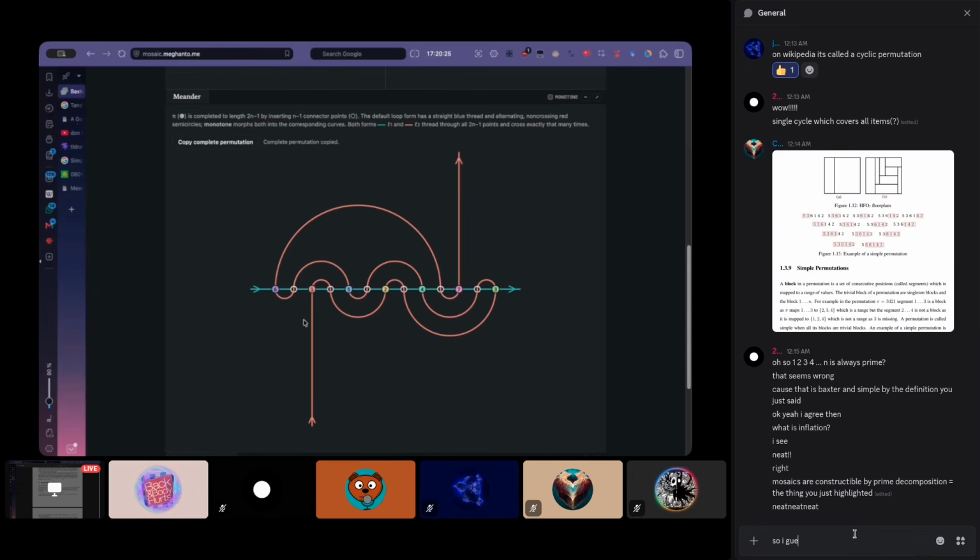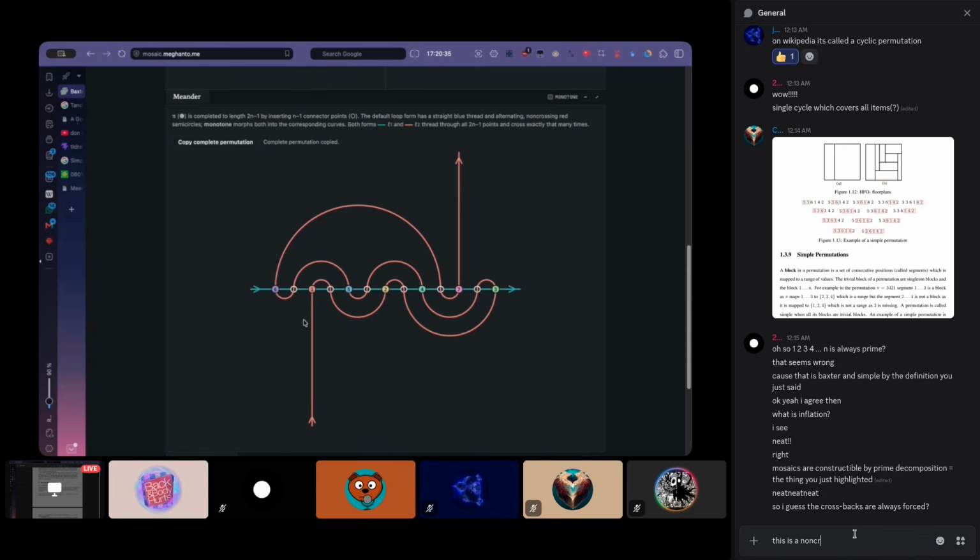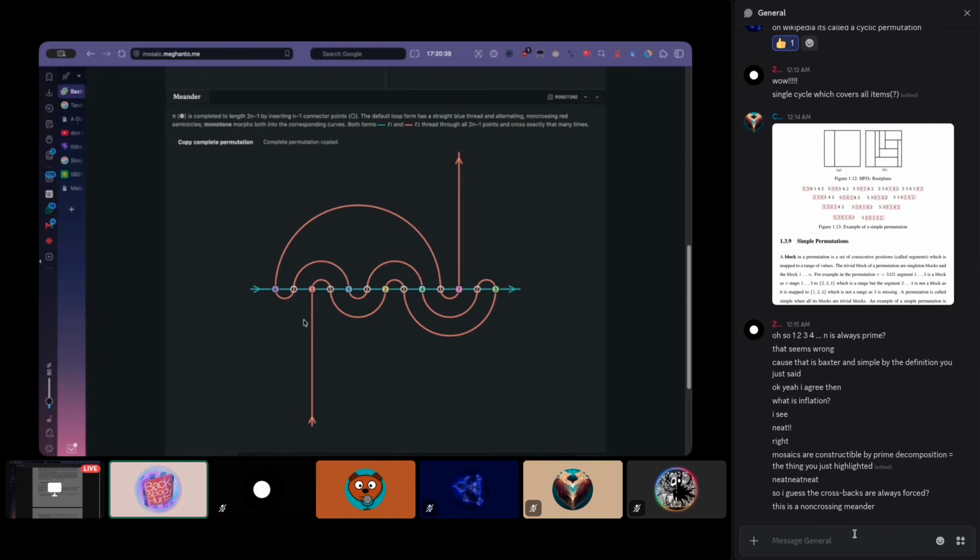But there's something special about this meander. This is a non-crossing meander, also called a monotone meander. And why is it a monotone meander?